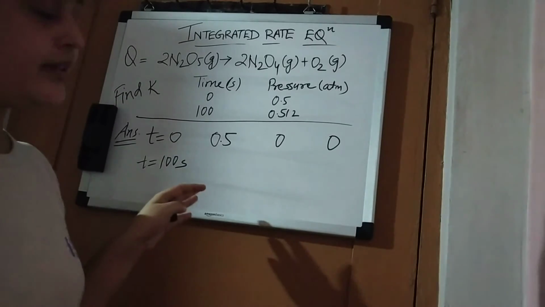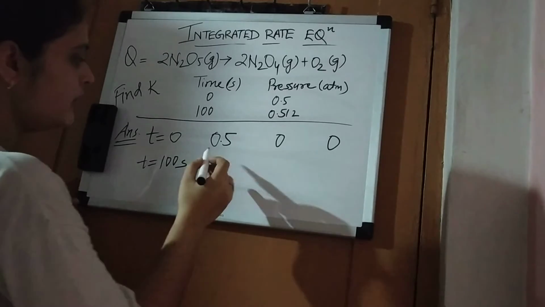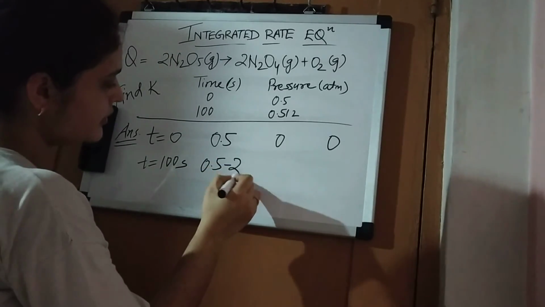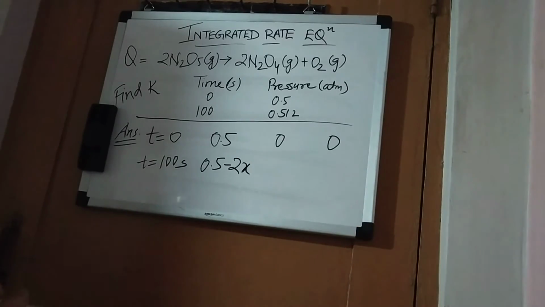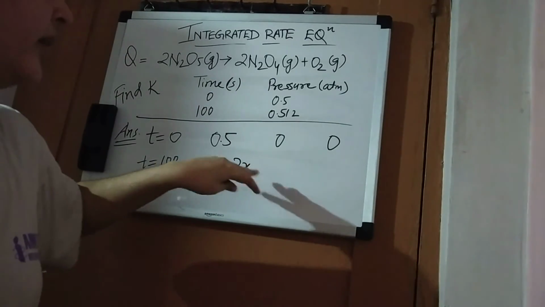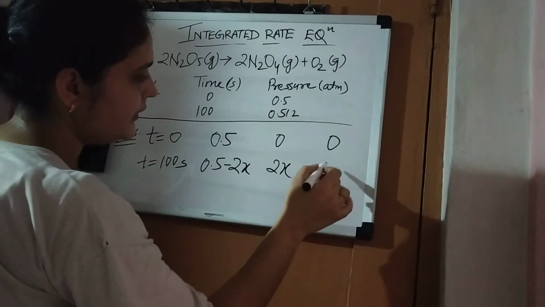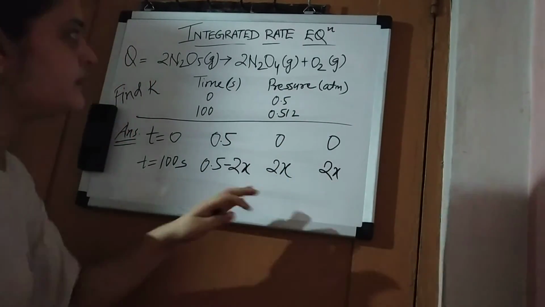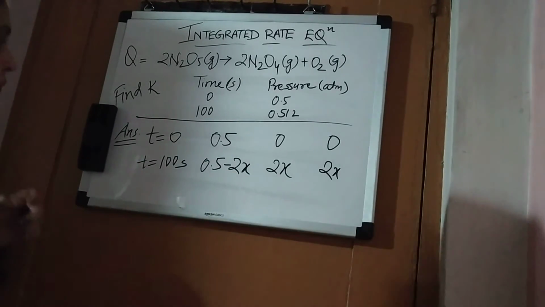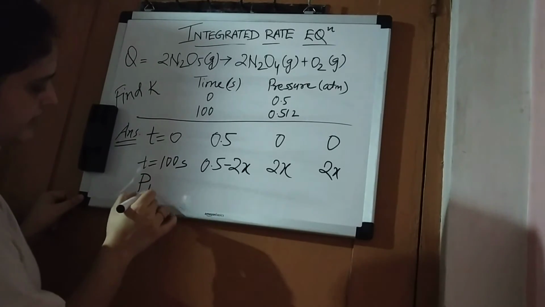And at 100 seconds the pressure of N2O5 becomes 0.5 minus 2x, okay, because it decreases by some quantity. So let us take 2x, and the product will be 2x, and for calculation purposes we are taking the 2x, right? Now what will be the total pressure, that is PT?